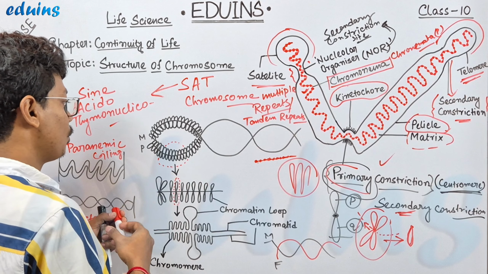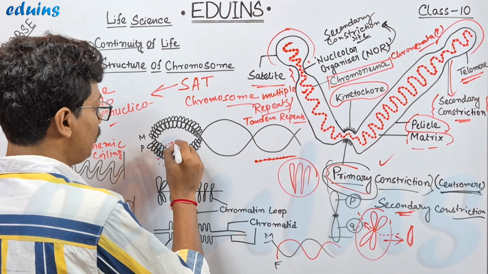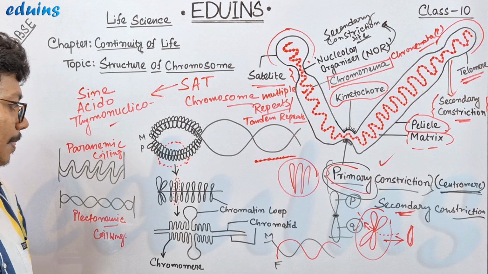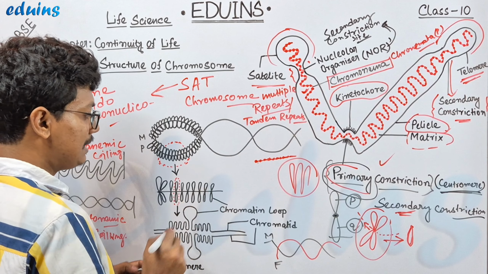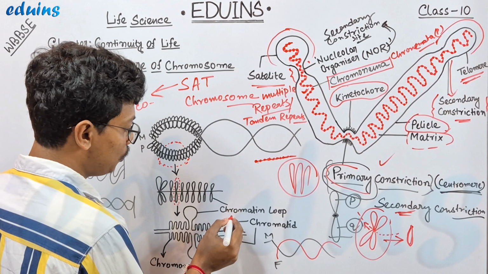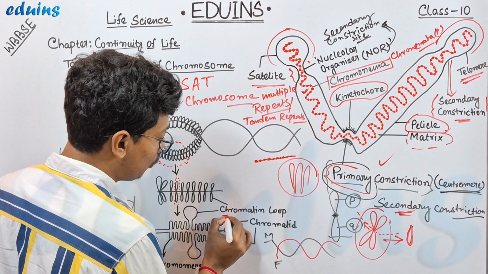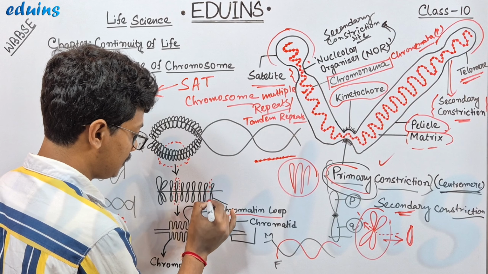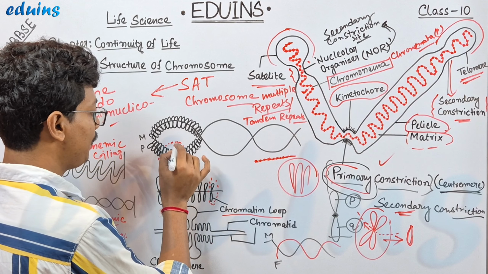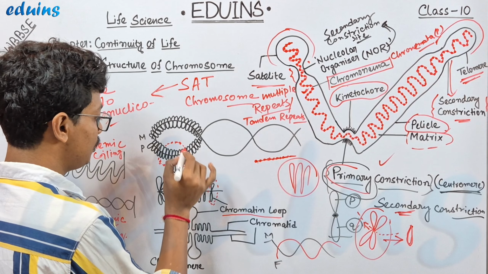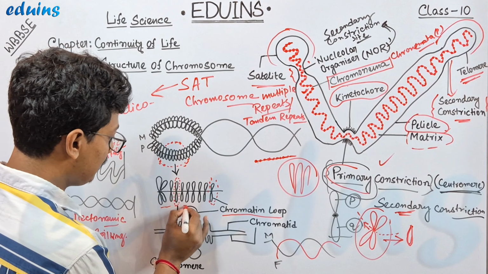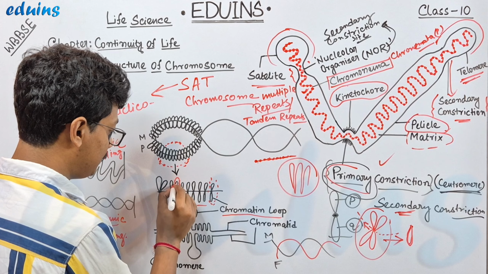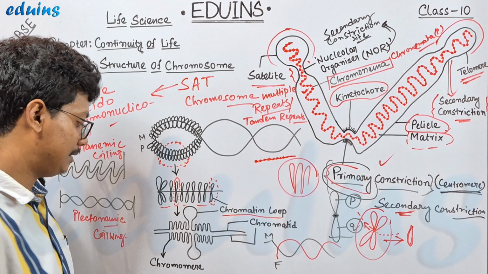If we go for a more microscopic view, it will look like this. These bulge parts are known as chromatin loops. We are enhancing the resolution of this part, and if we go for one of these, it will look like this.